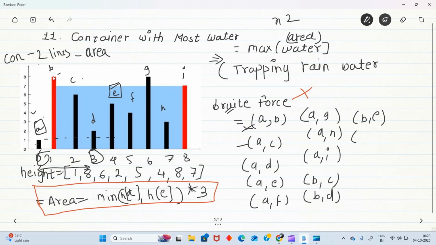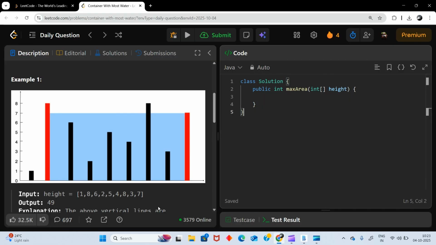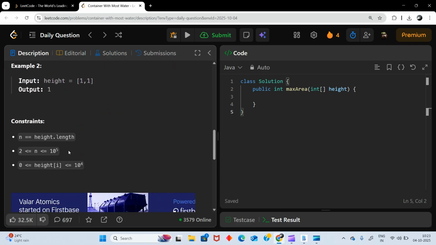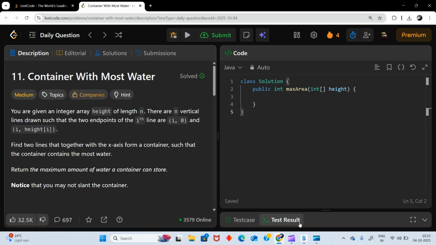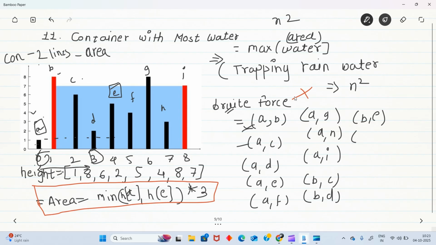Again from b to c, b to d, b-e, b-f, b-g, b-h, b-i, and similarly for c and all the pairs. The time complexity will be n squared, but in the constraints n goes up to 10 to the power 5. So this solution will not work for us. This will be the brute force.